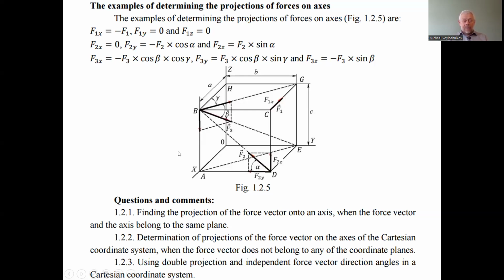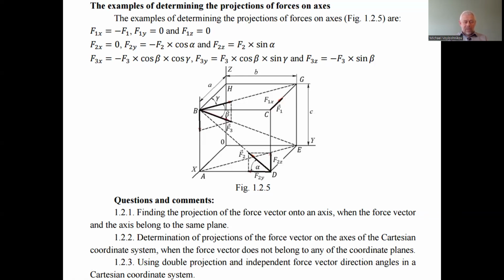We have to take into consideration that of the three direction angles of the force vector with the three axes of the coordinate system, only two angles are independent.